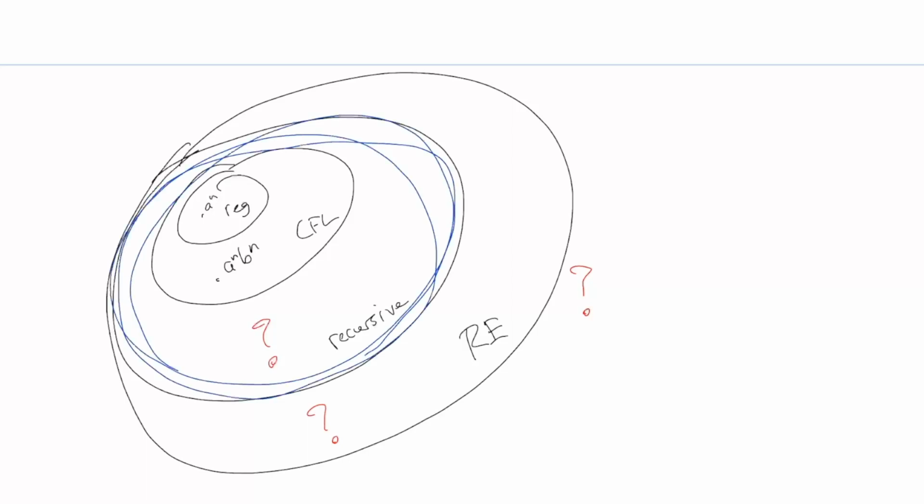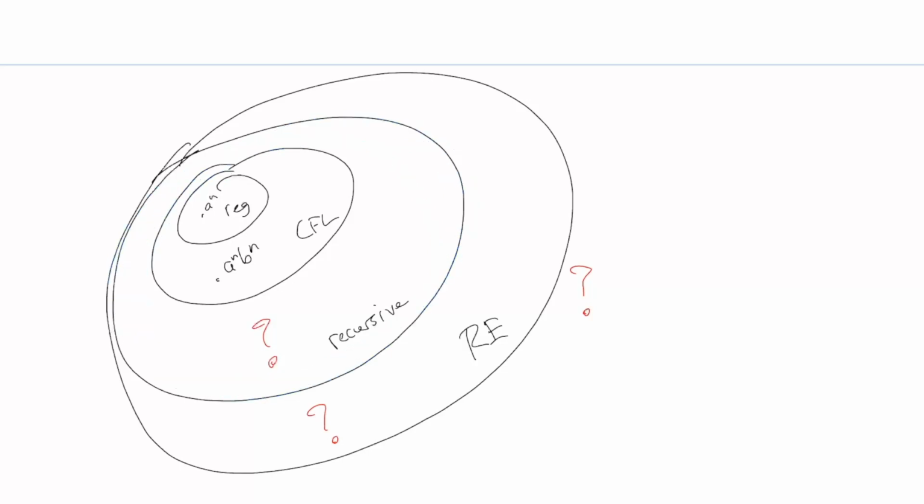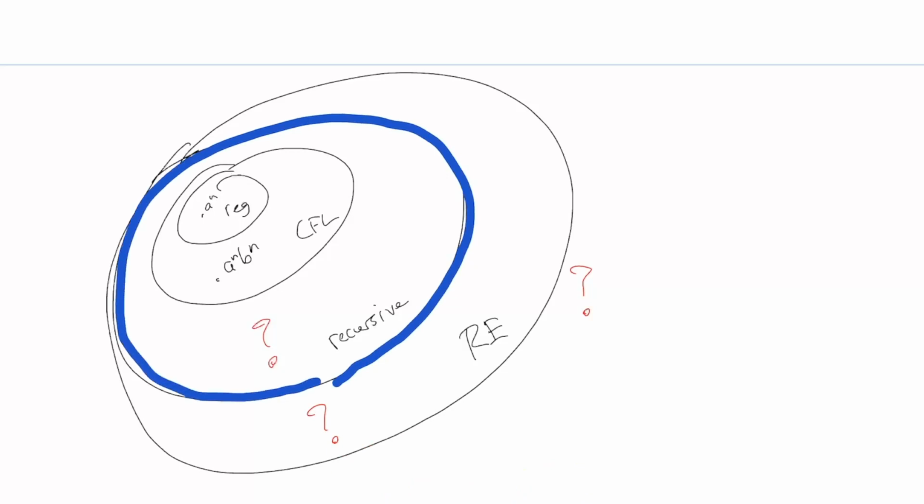I'm going to try to put a big, that's kind of ugly. I meant to put a big fat mark. This region here is what I would describe as useful machines.